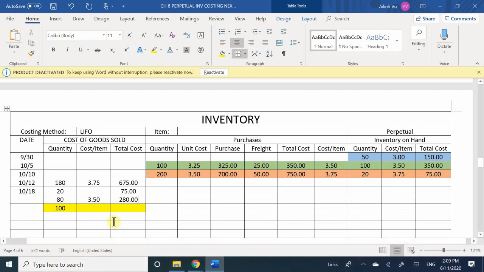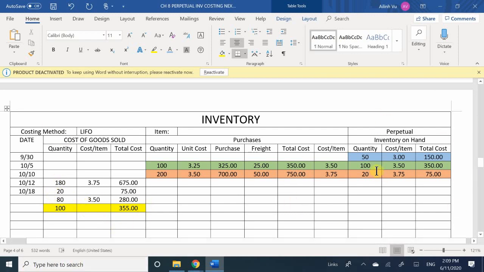And then let's add these two together. What are you going to get? 355. $355 is correct.